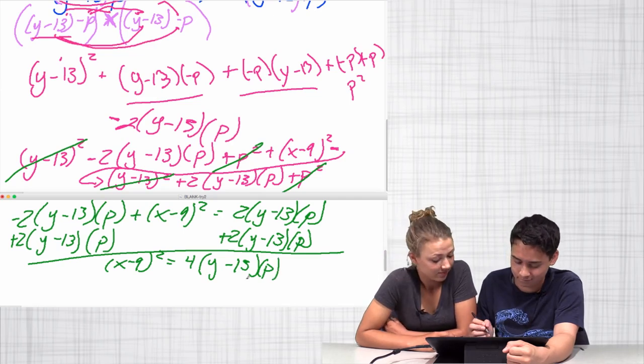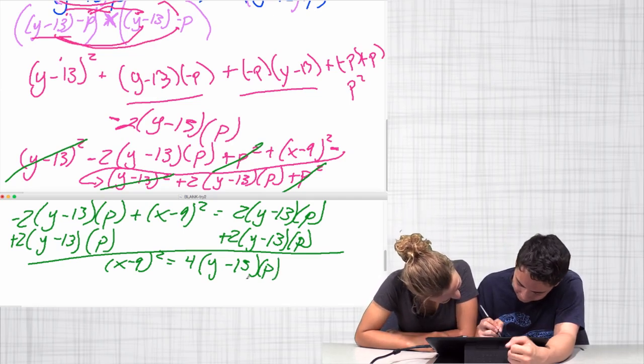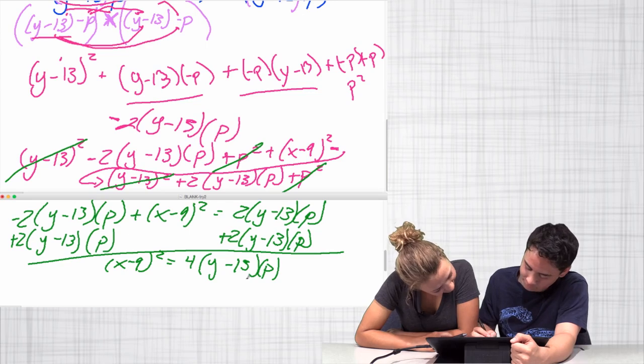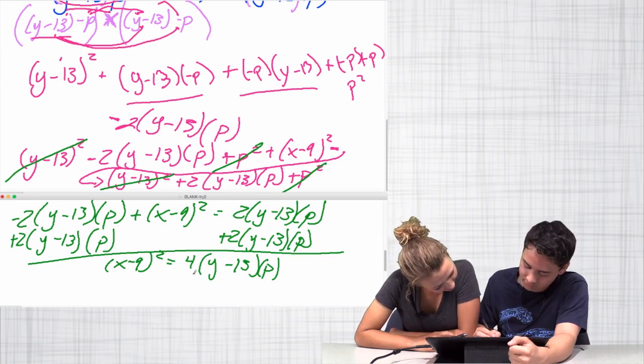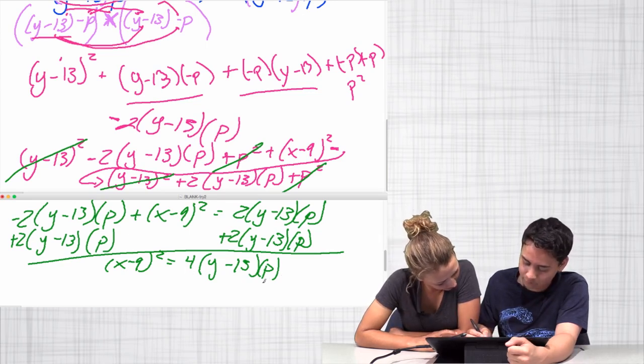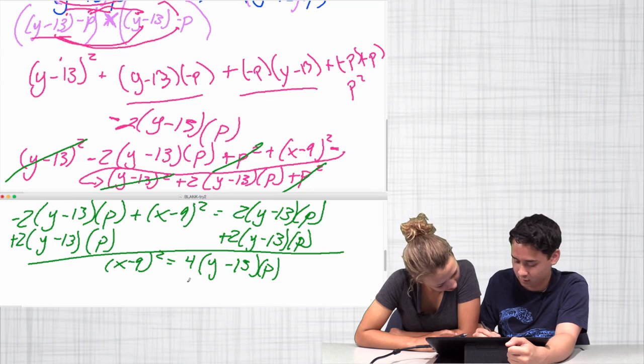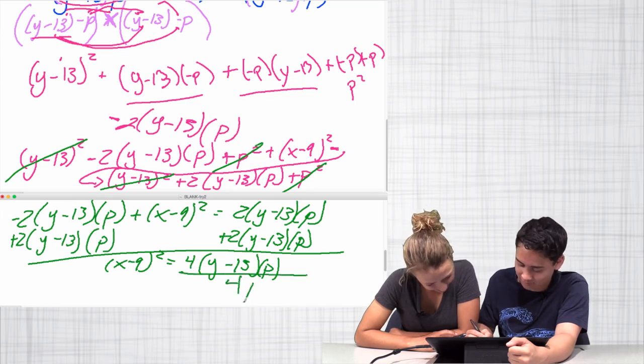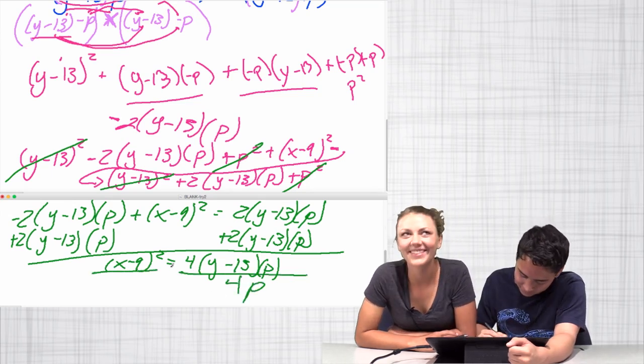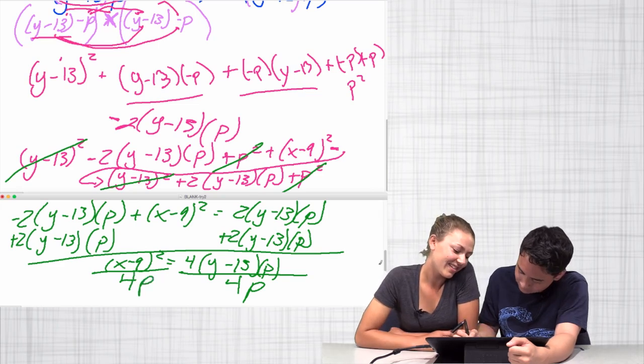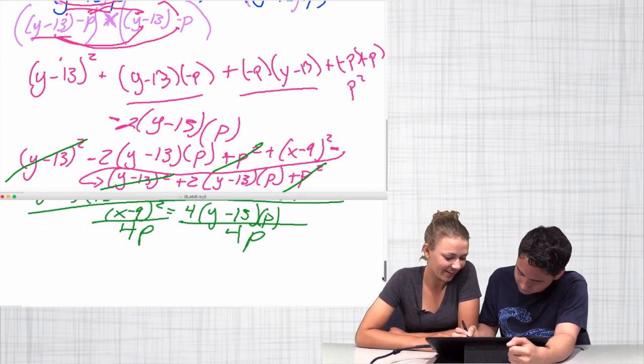What can you do now? You're almost there. You want to get y alone? Okay, divide both sides by 4p. Yeah. Nice. That sounds familiar now, right? See, out of all that messiness came something very familiar. We actually like that one.